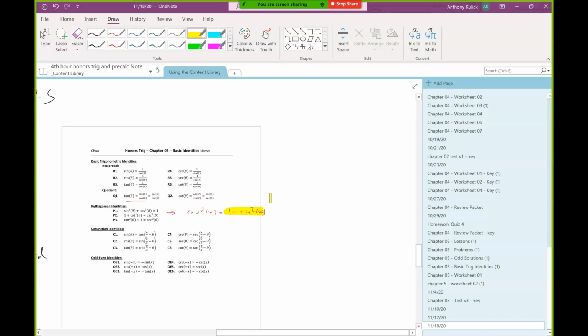Okay with that plan? Could you repeat that, please? So I just took P1 and I subtracted sine squared from both sides. That's cosine squared is equal to 1 minus sine squared. So I'm going to try to make a 1 minus sine squared in my denominator so that I can use this identity.